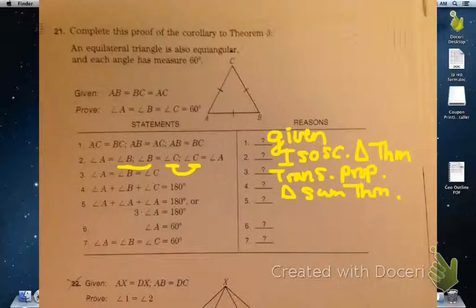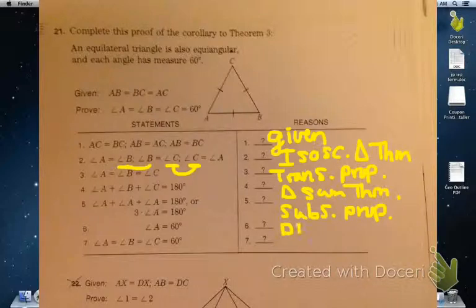Now if angle A plus angle B plus angle C equals 180, I can substitute A for B because I know that they're equal, and I can also substitute A for C because I know that those are equal, leaving me with 3 of angle A equals 180. So that's substitution for step number 5. Number 6, if 3 angle A equals 180, I can divide by 3.